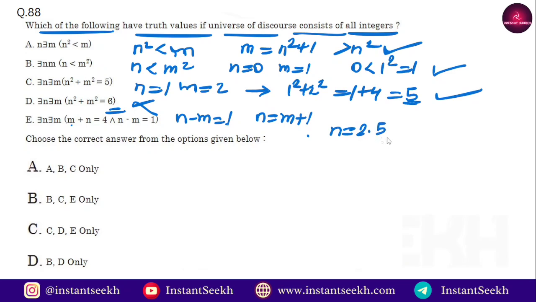So no integer solution exists, so it is an invalid statement. So only statements A, B and C are true. That is your answer. Option A is the correct answer. Let's move to the next.